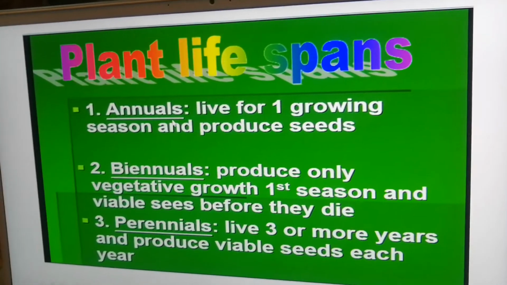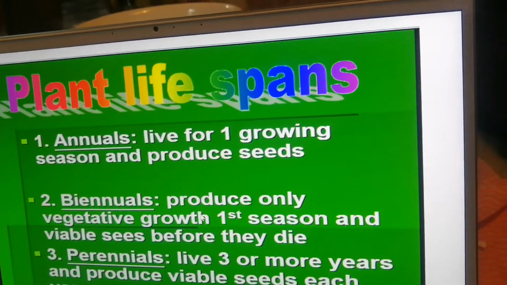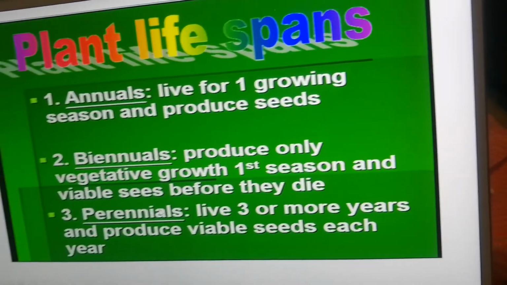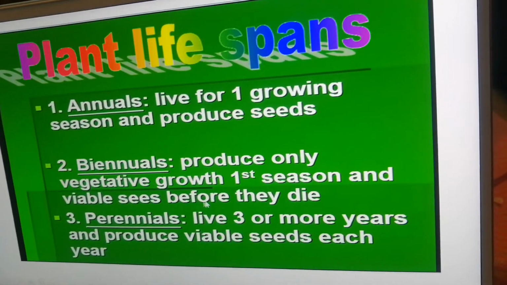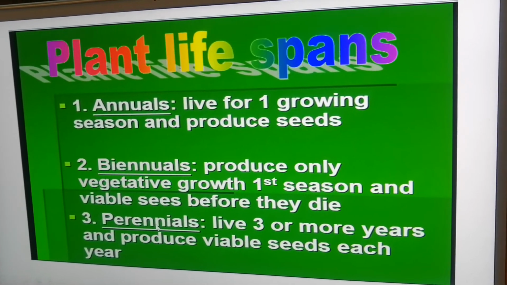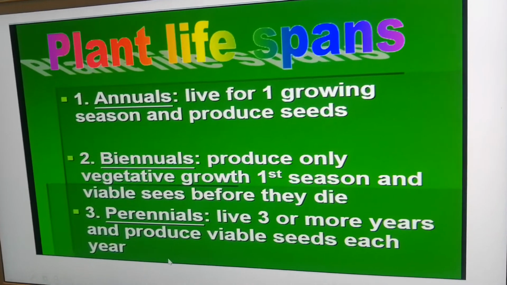Annuals live for one growing season and produce seeds. Biennials produce only vegetative growth during the first season and viable seeds before they die. Perennials live 3 or more years and produce viable seeds each year.